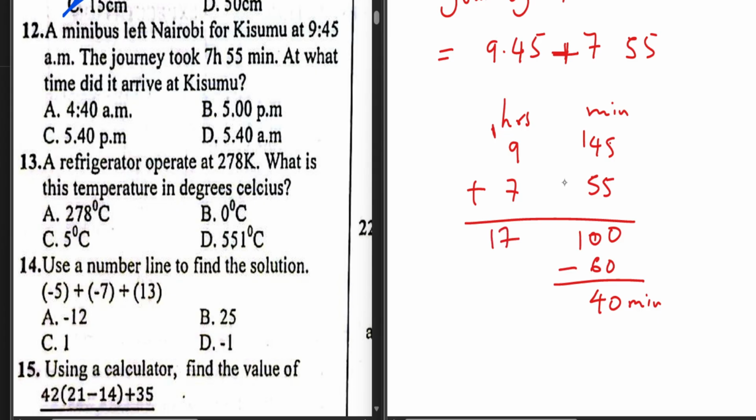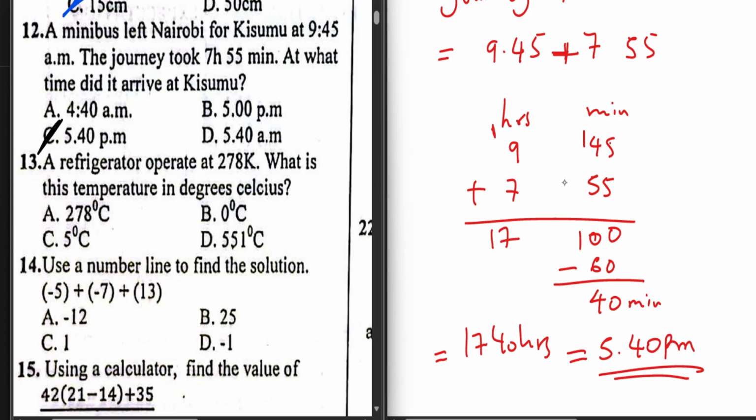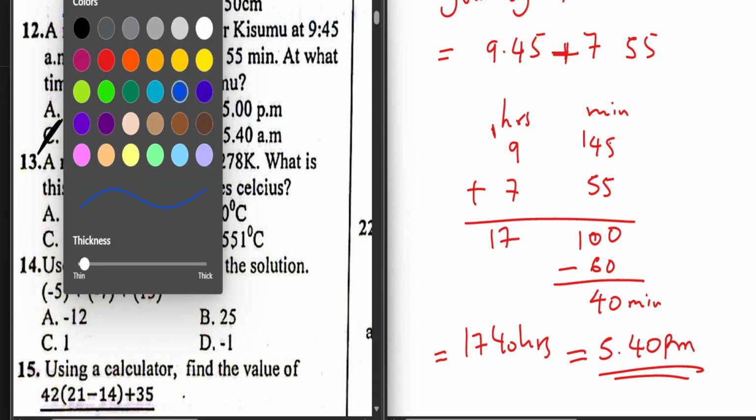So basically it's 1740 hours, which in terms of AM/PM, 17 minus 12 is 5. So it should be 5:40 PM. So this is your answer.